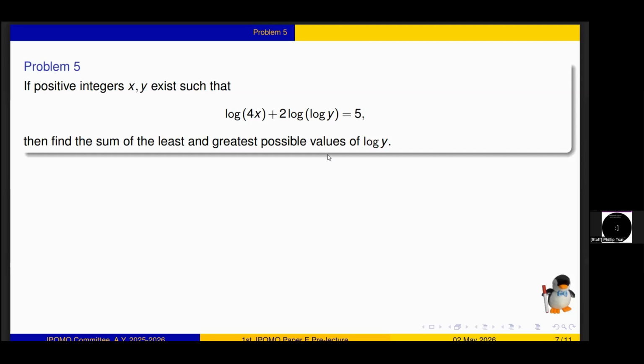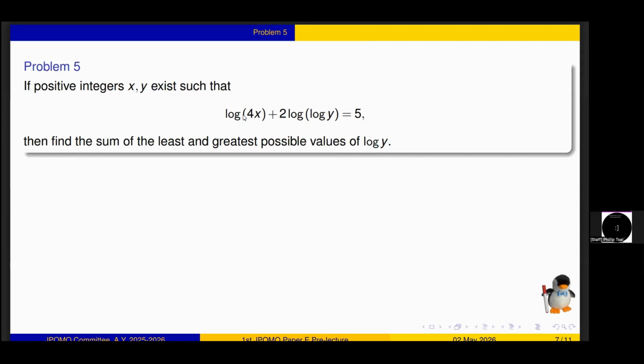So firstly, since you have the addition of logs, it's usually nice to use the log addition and multiplication formulas.